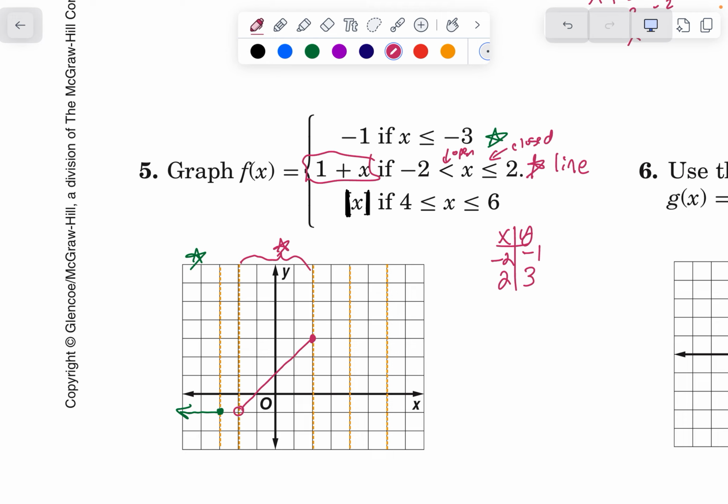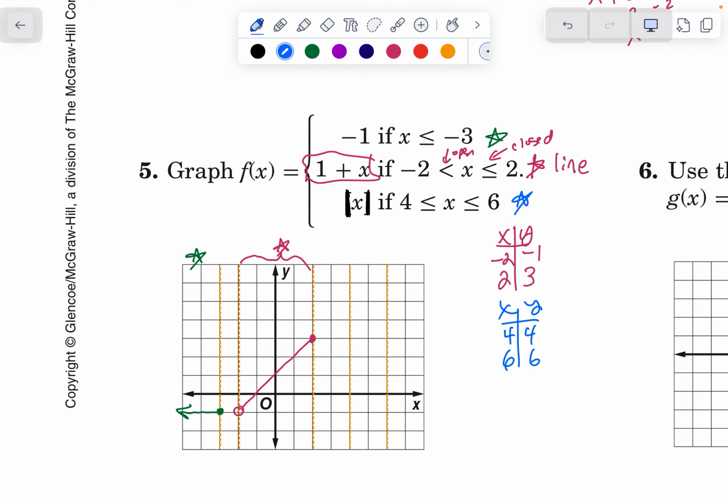And then finally, this last one, we're going to make an absolute value between 4 and 6. Now, in absolute values of v, between 4 and 6, the absolute value does nothing. So at 4, I'm still at 4. At 6, I'm still at 6.